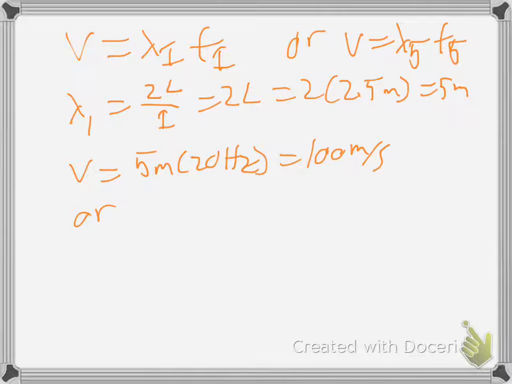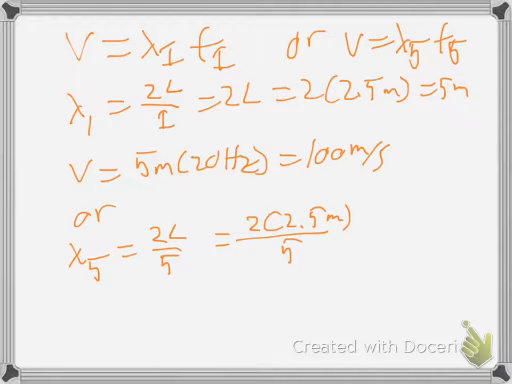Or if we find the wavelength here, 2L over 5, so 2 times 2.5 meters over 5, that comes out to be just 1 meter.